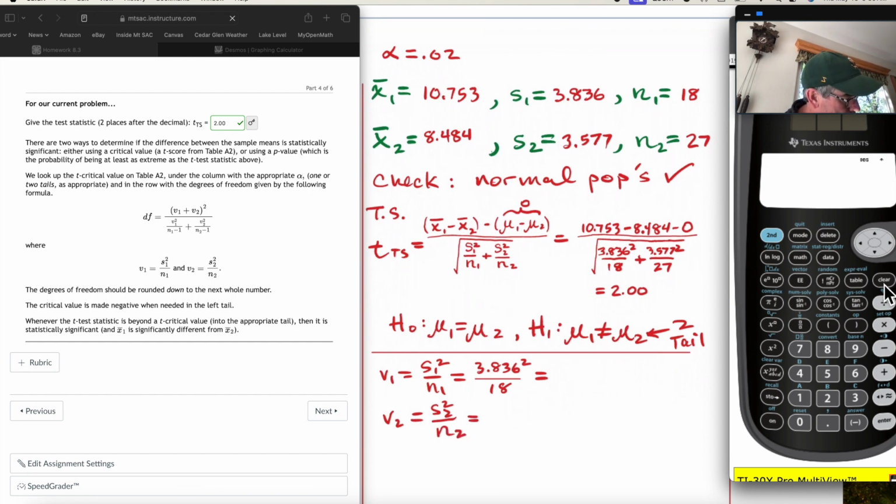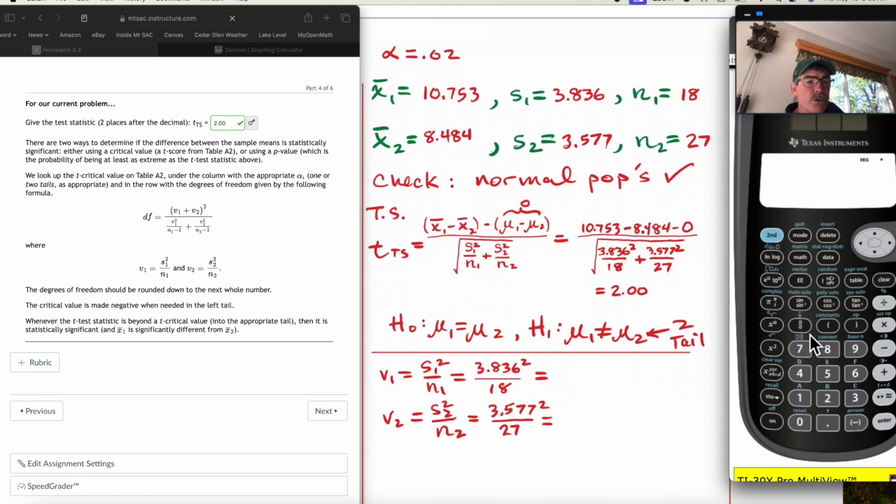Okay, so this is 3.577 squared over N2. That will be 27. Okay, and we're going to store these values in X and Y on the calculator.